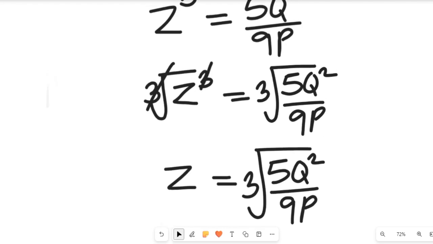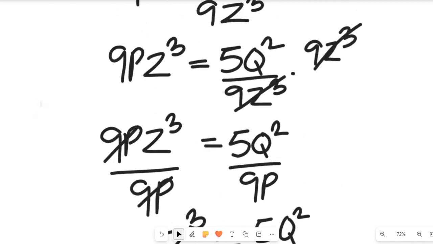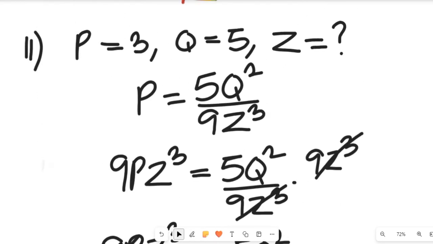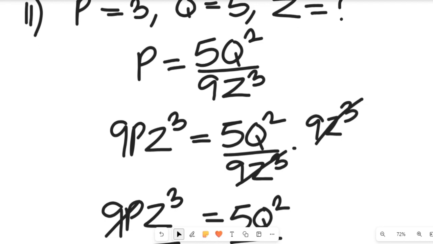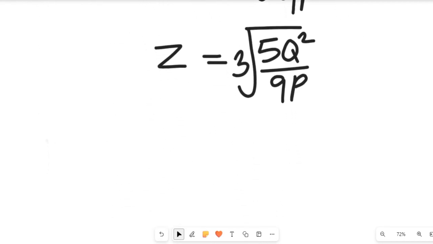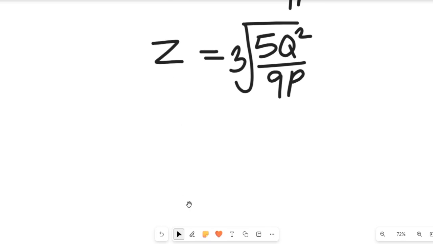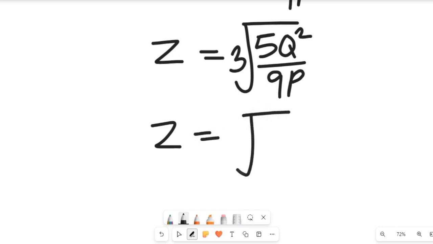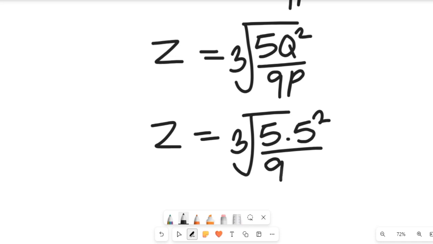So since we are given that our z is what we are looking for, our p is 3 and our q is 5, we can now simply substitute the value of q and p in order to find the value of z. So our z will be equal to the cube root of 5 multiplied by 5 squared, which is q, divided by 9 multiplied by 3.